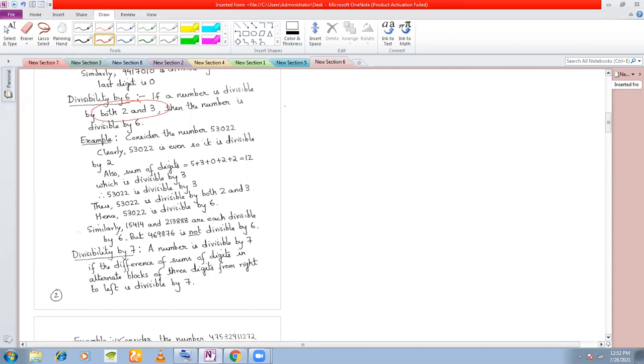Okay, let us consider this simple number here, 53022. Now clearly this number is even, therefore it is divisible by 2. 53022 is an even number. That means 53022 is divisible by 2.